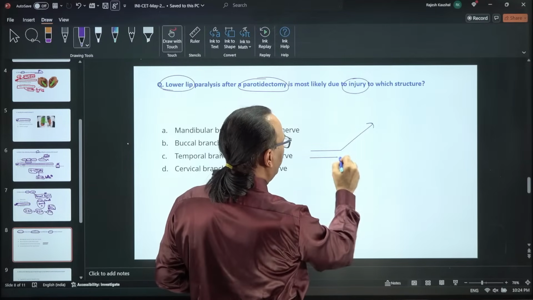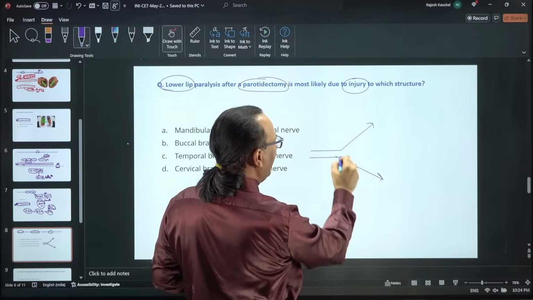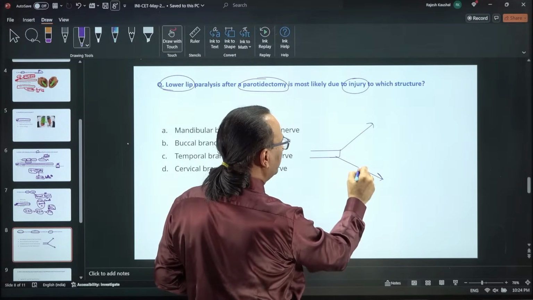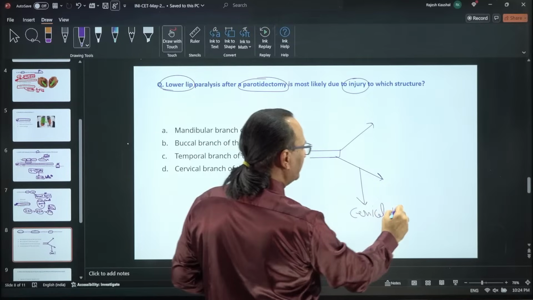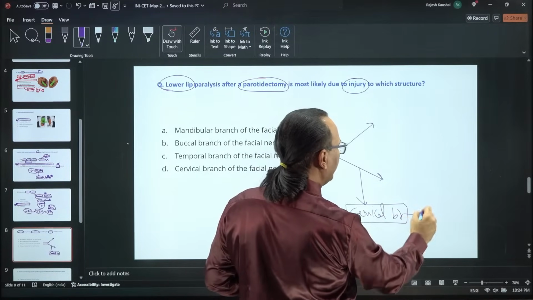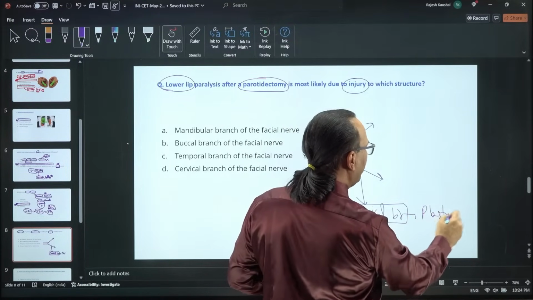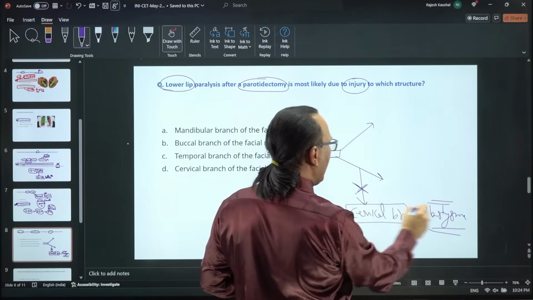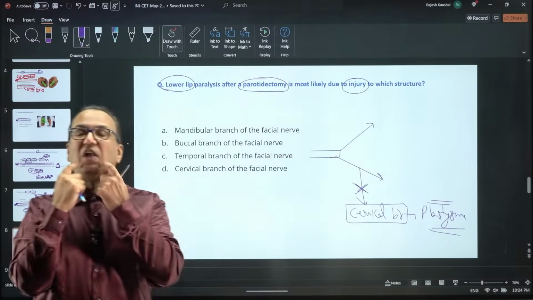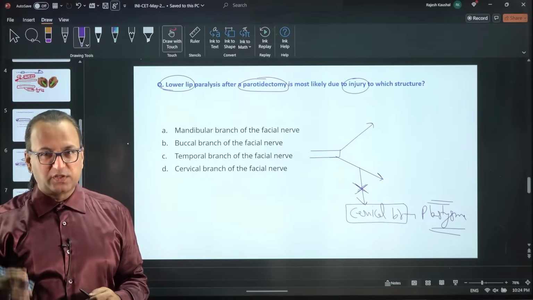The facial nerve gives branches, and one of them is the cervical branch, which supplies the platysma. If you damage the cervical branch, the platysma will be compromised and there will be a problem with the lower lip. You should know this.